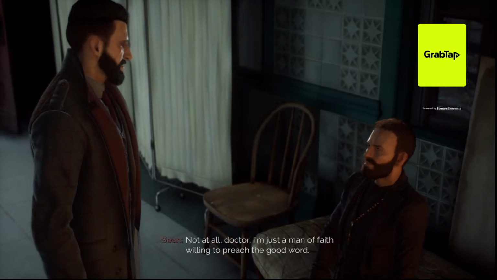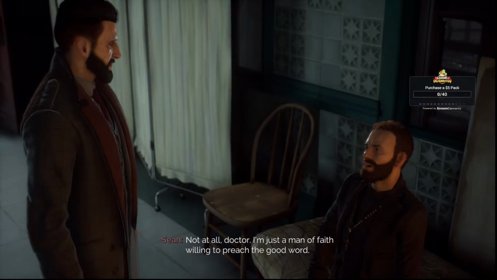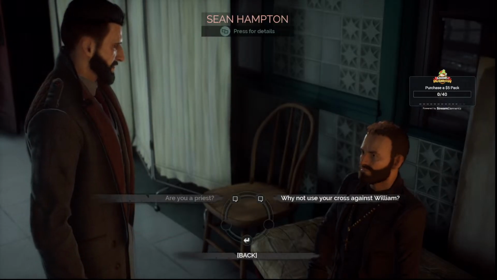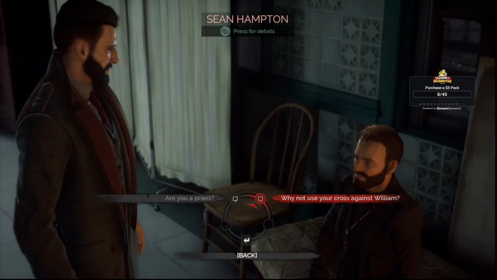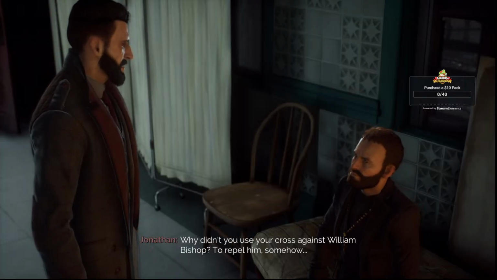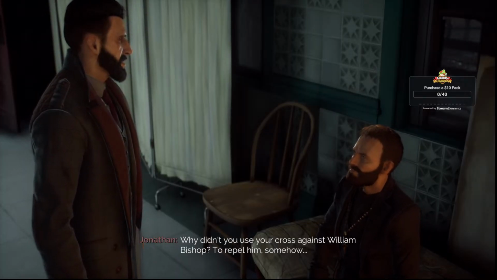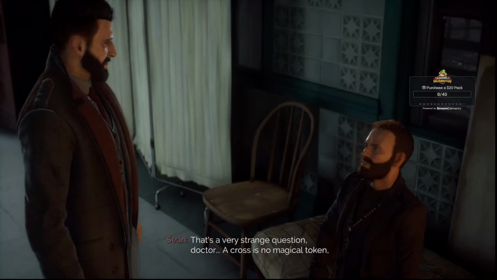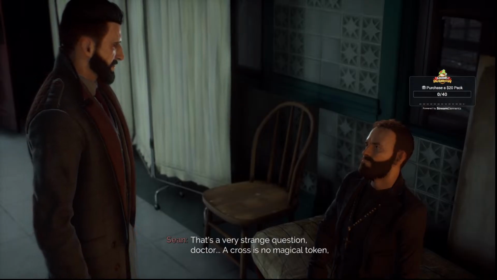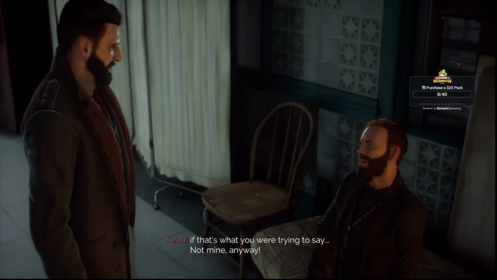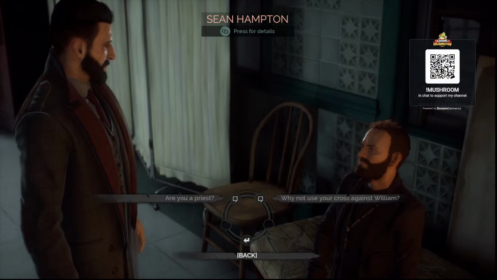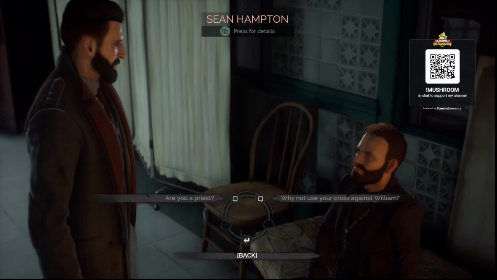A deacon, maybe? Not at all, Doctor. I'm just a man of faith willing to preach the good word. Why didn't you use your cross against William Bishop? To repel him somehow? That's a very strange question, Doctor. A cross is no magical token, if that's what you were trying to say. Not mine, anyway.